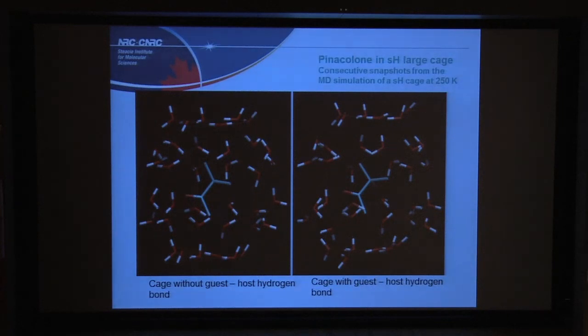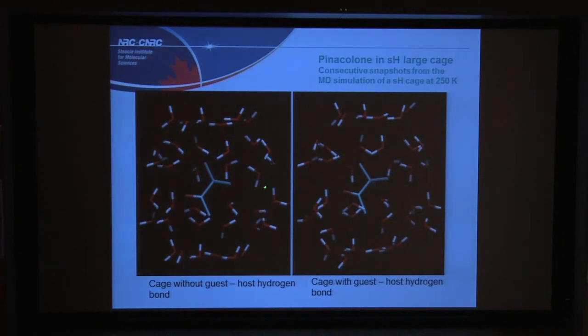So this represents pinacolone in the structure 1 large cage, and the two pictures are consecutive snapshots from a molecular dynamics simulation. And the simulation was done at 250 Kelvin. So on the left side here, you can see there's the guest molecule and there's the host water.